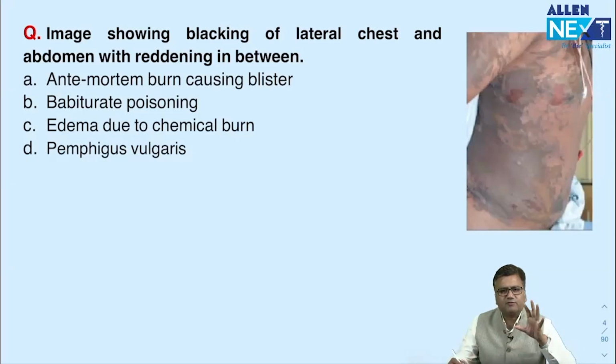The best photograph which I'm lining up for you is something like this. So blackened areas on the chest we can see on the photograph, and then there could be presence of a big blister somewhere in the lower part of the chest, and maybe some areas of reddened, small blisters, or probably what I understand is those are blisters which have been broken. So the raw area underneath the base of the blister is red in appearance.